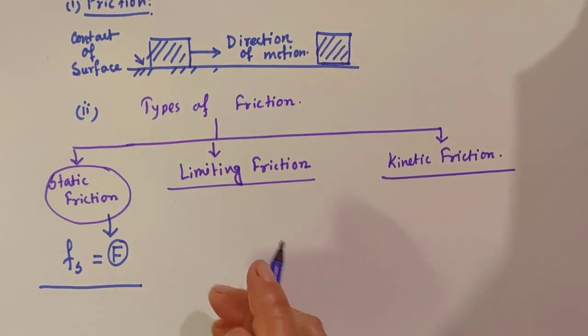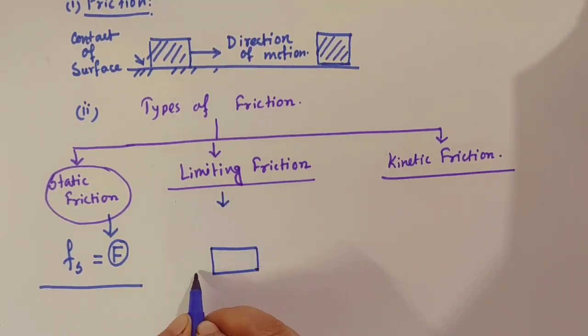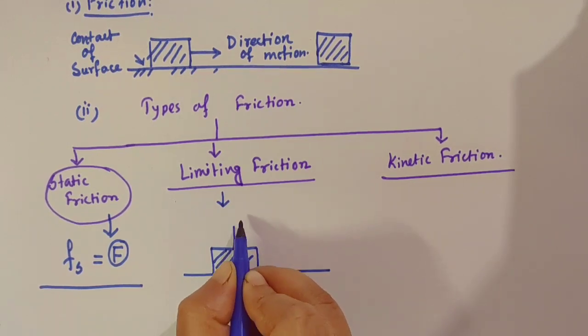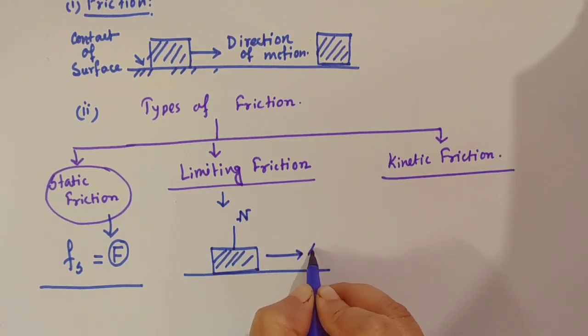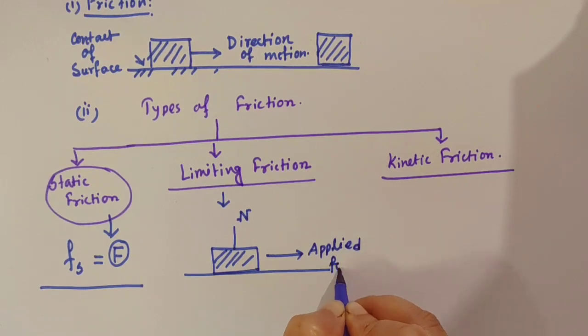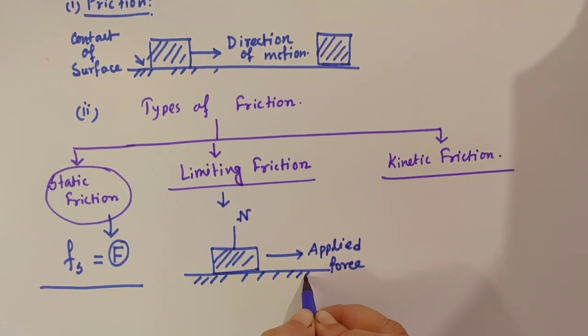Now come to the next type of friction, limiting friction. For limiting friction, I am drawing one figure here. Suppose this is one block, this is the normal and applied force direction, and this is a surface.